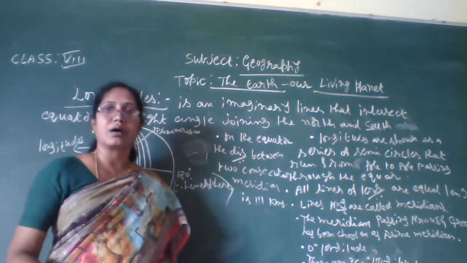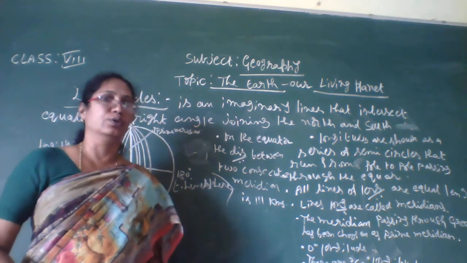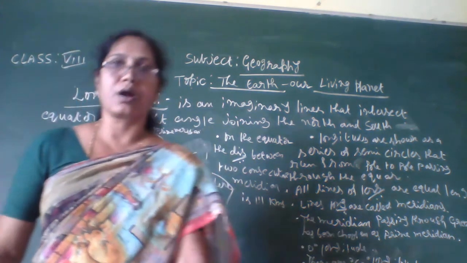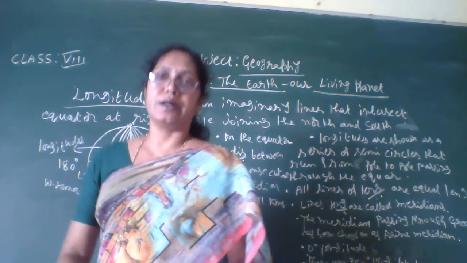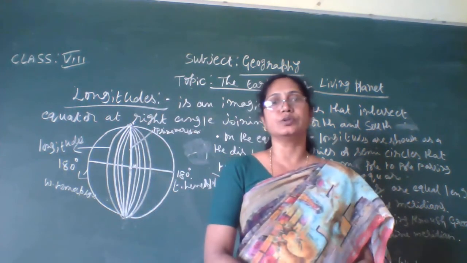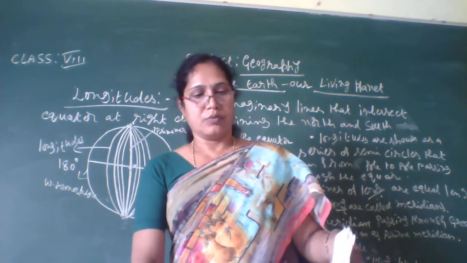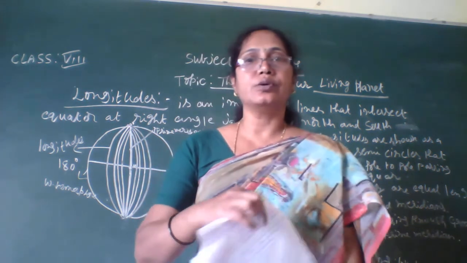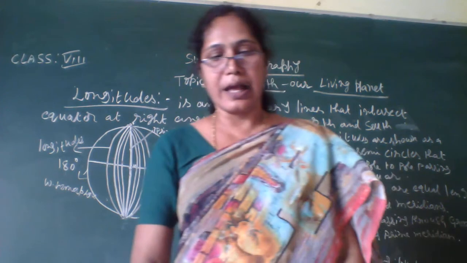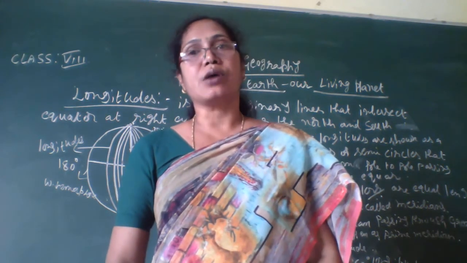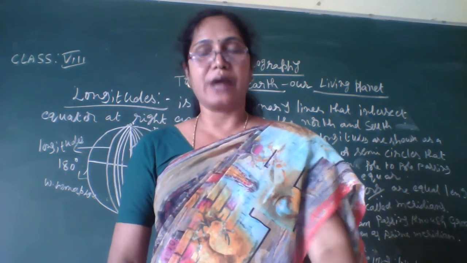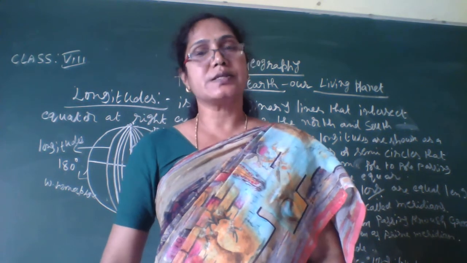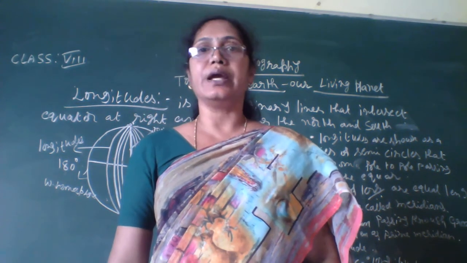So these are all about the longitudes. I hope you have all understood the concept of latitudes and longitudes. Once more I will explain what latitude is. Latitude is an imaginary line which joins all the places which have the same angular distance north or south of the equator.